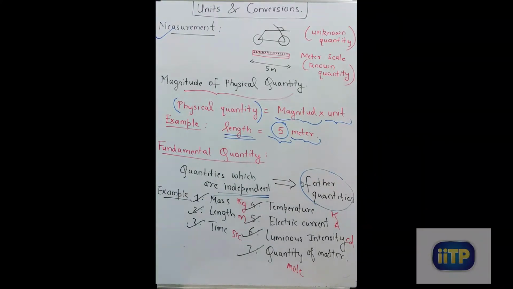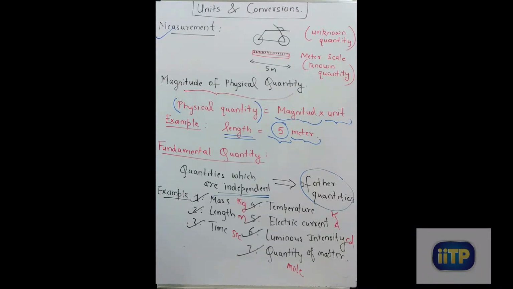So these are the fundamental quantities. So the physical quantity which is independent of any other quantity is called as fundamental quantity. That is mass, length, time, temperature, electric current, luminous intensity and quantity of matter. These are the 7 fundamental quantities identified by physicists.